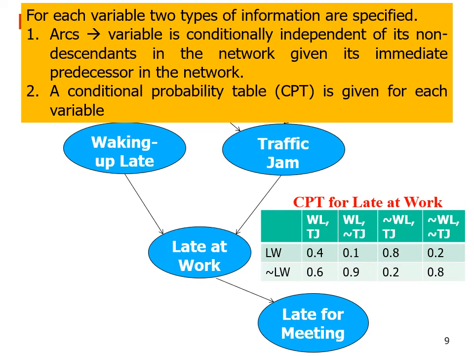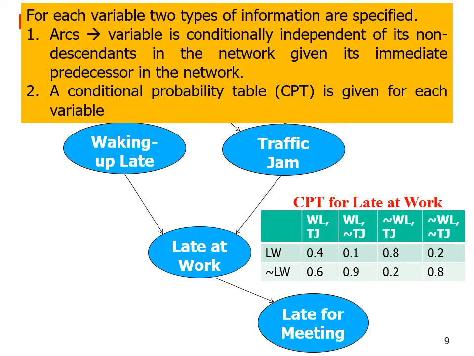The row LW indicates the probability of late at work. Now this probability depends upon its two predecessors, that is two events, waking up late and traffic jam. As all these variables are Boolean, if we consider these two predecessors, we have four combinations of the values of these two variables.